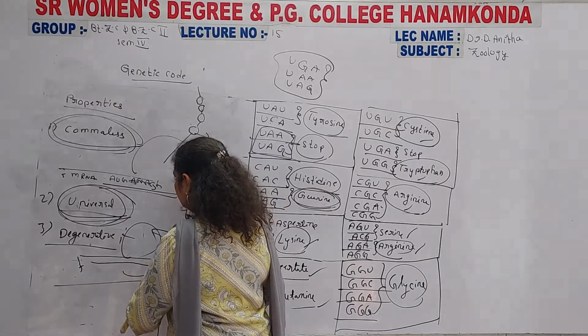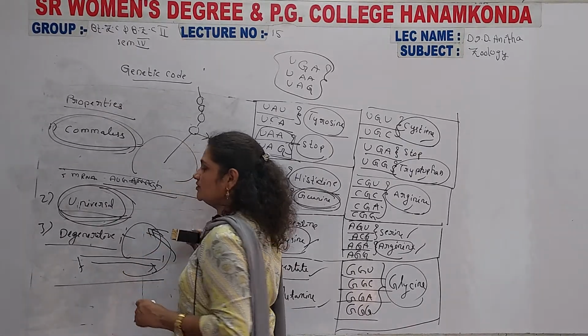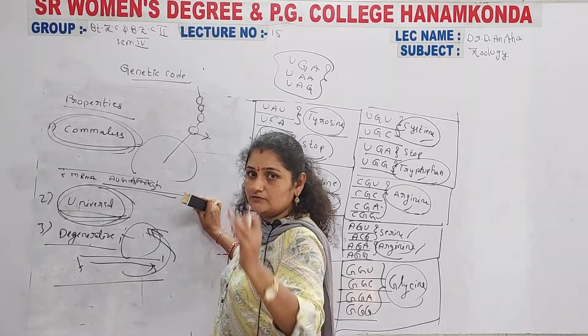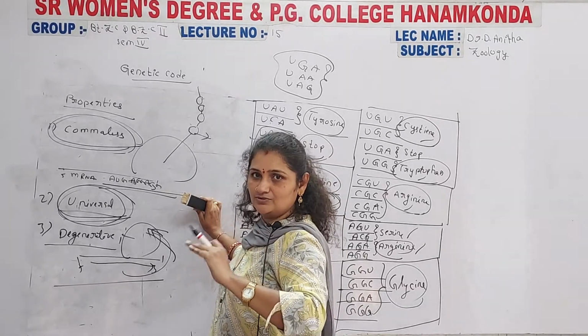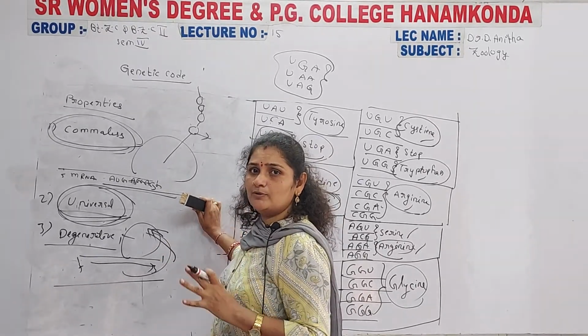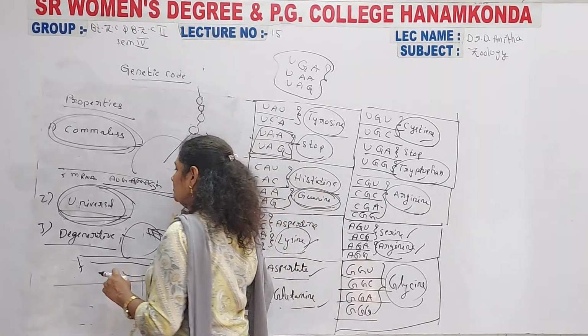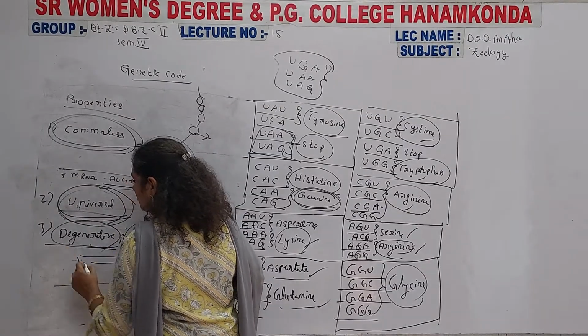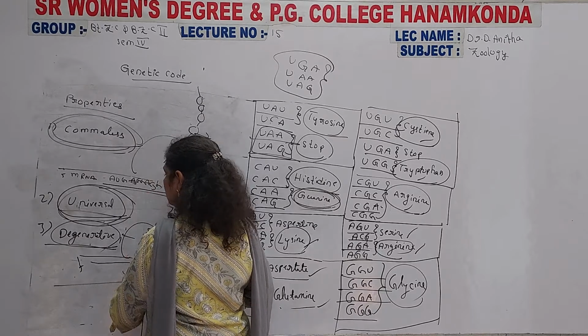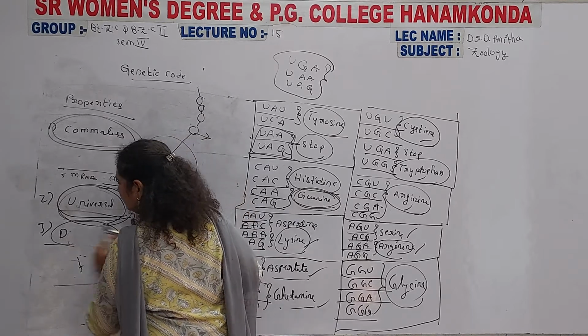Up to that region it does not stop, and only when it reaches the stop codon does it stop. That status is called degenerative, and it is also one of the properties.